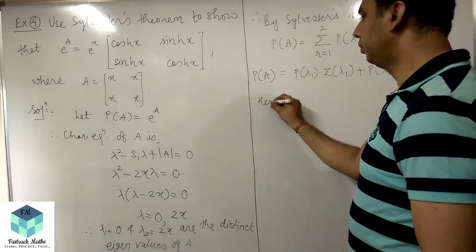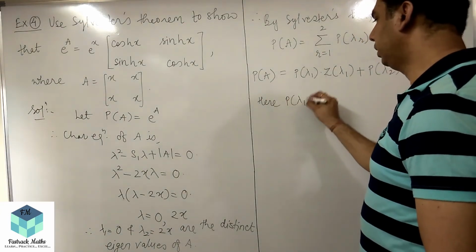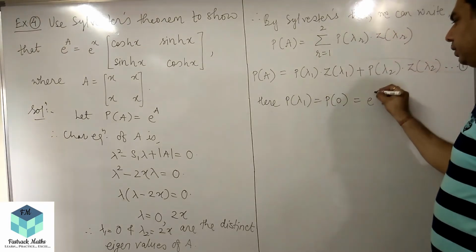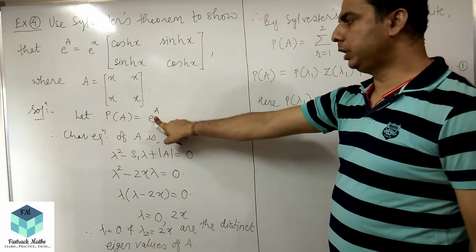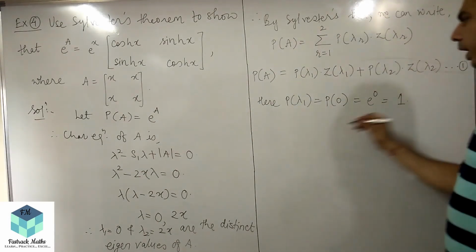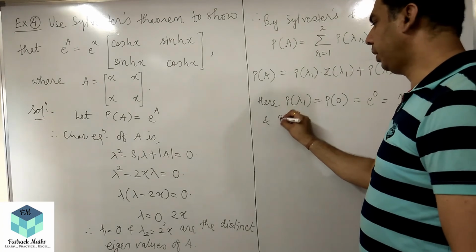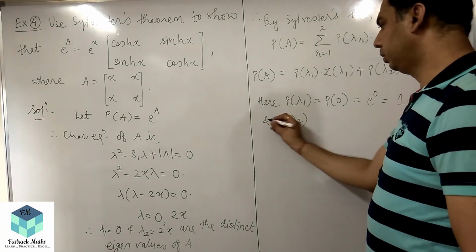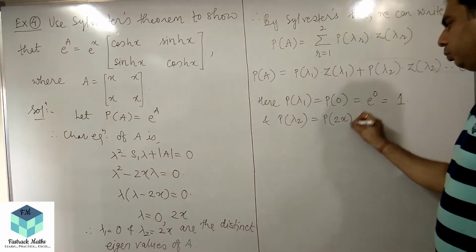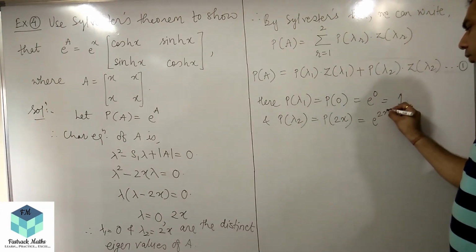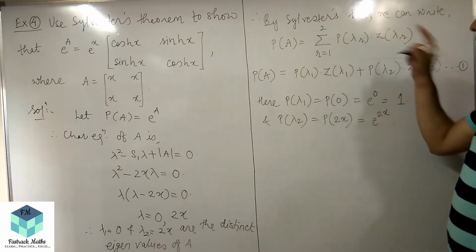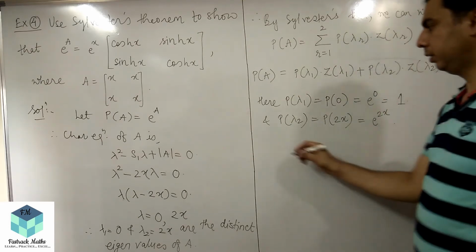So here P of lambda 1 is nothing but P of 0, which is e to the power 0, which is equal to 1, and P of lambda 2 is equal to P of 2x, and it is given by e to the power 2x. And then we have to find Z of lambda r.